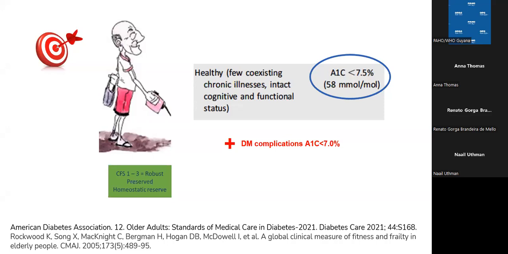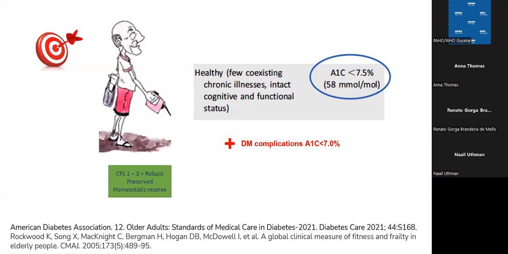If a patient is robust, clinical frailty scale category 1, 2, or 3, the treatment and the treatment goals are the same you use for older or younger adults.